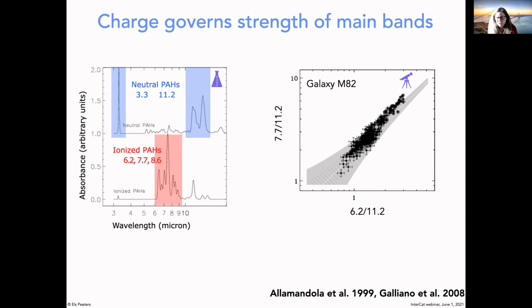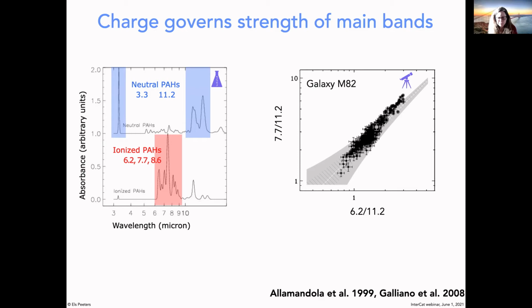And this is something that we see very easily in observations, because we have these well-known, very tight correlations between the 6.2 and the 7.7, as shown here for the galaxy M82, but also between 6.2 and 8.6 and 7.7 and 8.6. These are very tight correlations, and we see them in all observations.